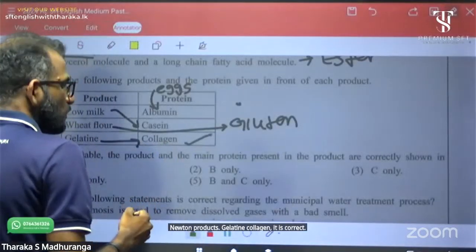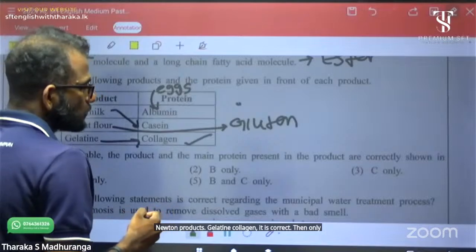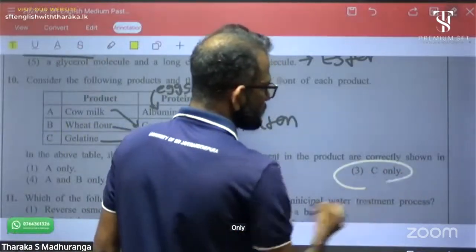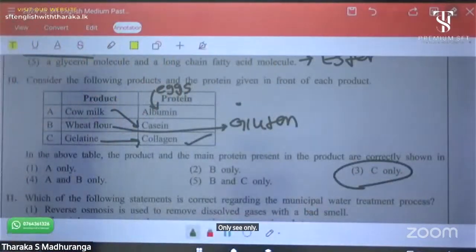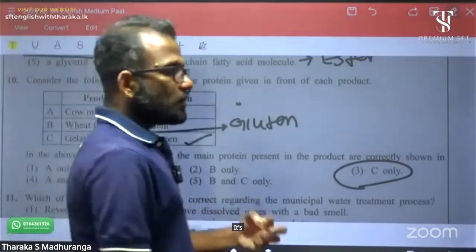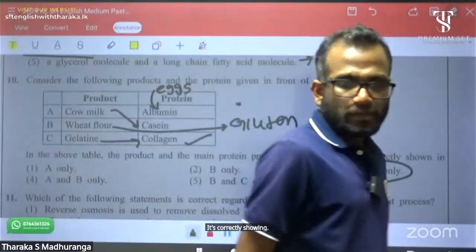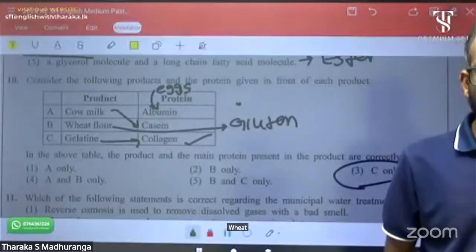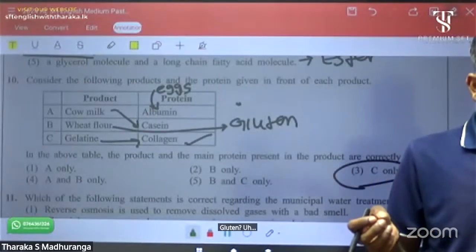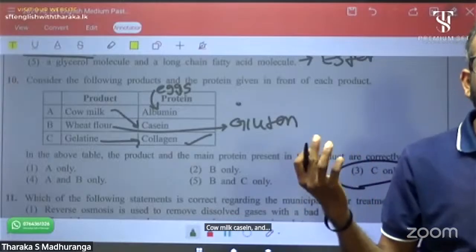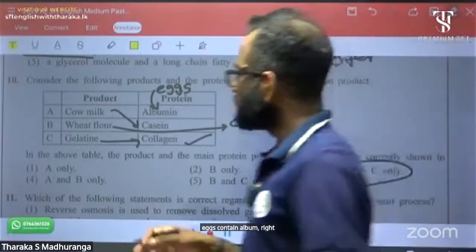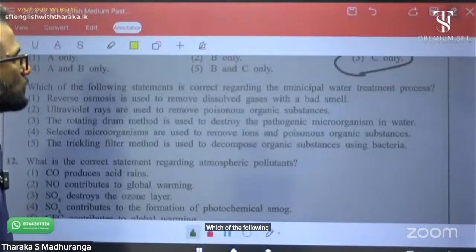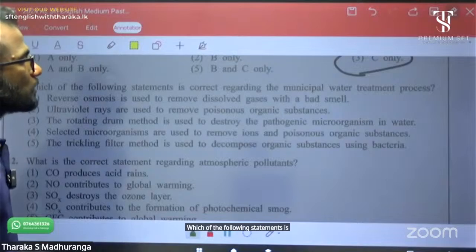Then it is correctly shown in only C. Only C. It's correctly showing gelatin contains collagen protein, wheat flour gluten, cow milk casein, and eggs contain albumin, right? Correctly showing only gelatin.